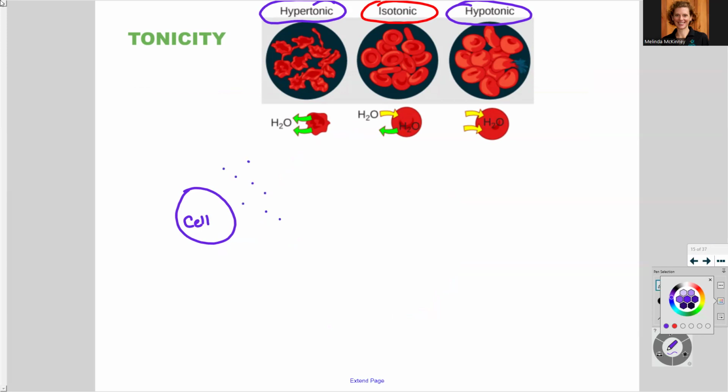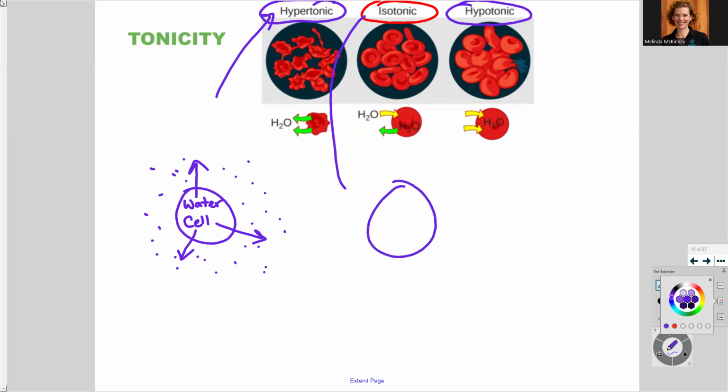If there's a whole bunch of solutes outside the cell, that is going to be called hypertonic. And if it's hypertonic, the water itself is going to move out of the cell, because there's actually going to be more water in the cell and less water outside of the cell. So the water is going to move out. Okay.